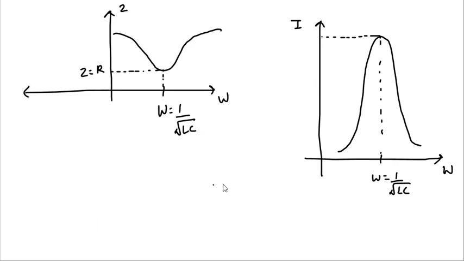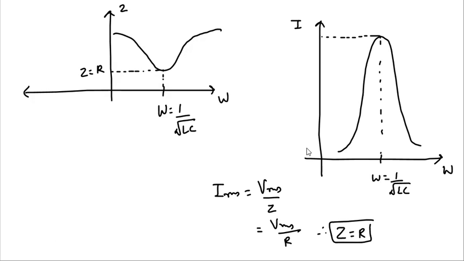What will be the value of current at this point? IRMS is VRMS by Z, so VRMS by R, because at resonance Z will be equal to R. Please remember all these formulas and graphs for resonance.